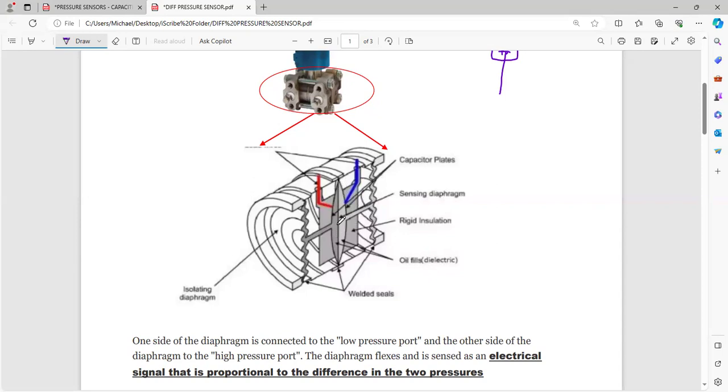And therefore, the distance between the flexible diaphragm and this fixed plate is going to be more. And that's how your particular capacitance is going to change. So there are two capacitors, and therefore the difference between both is going to be given to the circuit for your pressure transmission.